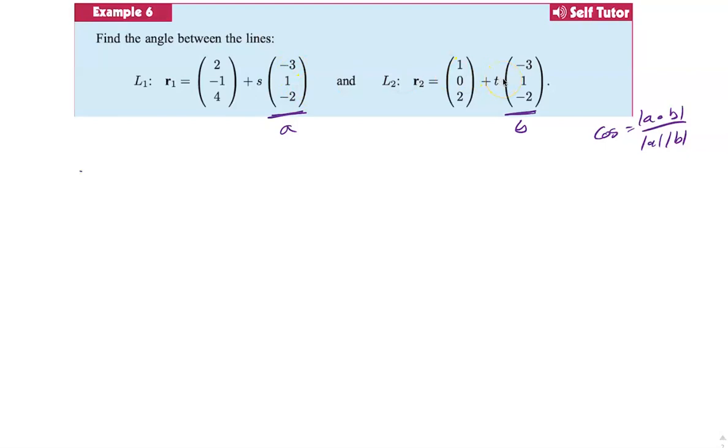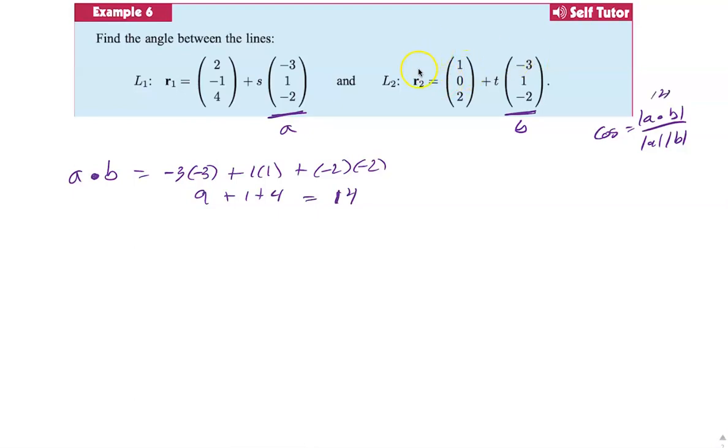So let's first find our A dot B. We multiply the x values, so -3 times -3. Multiply the y values, 1 times 1. And multiply the z values. I get 9 plus 1 plus 4, or 14.